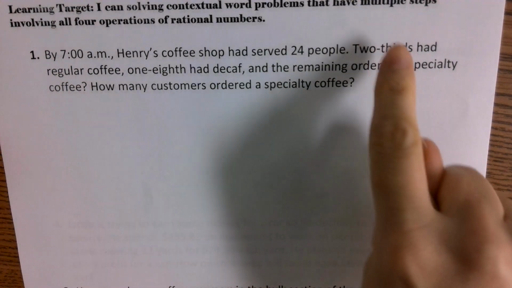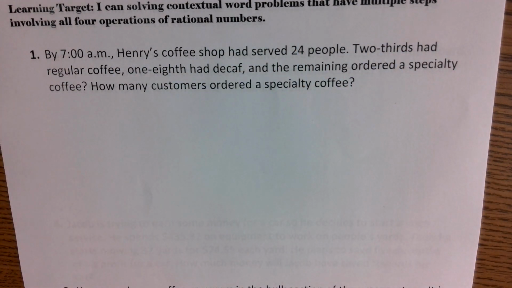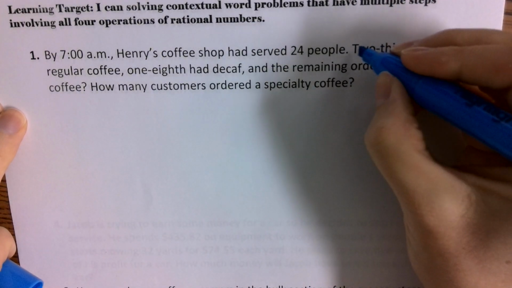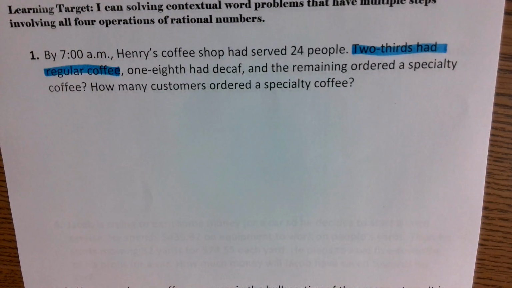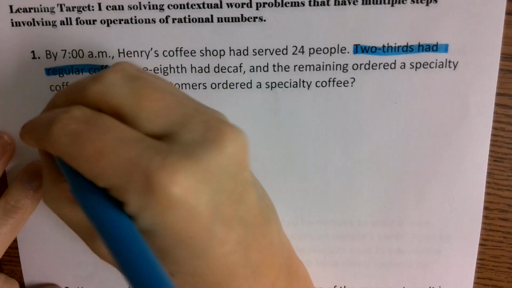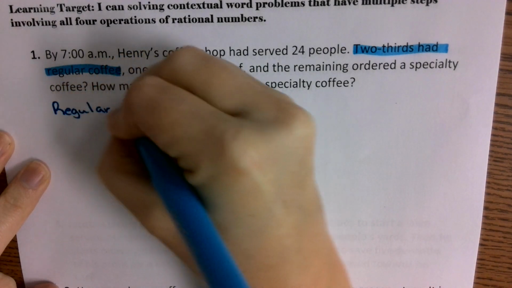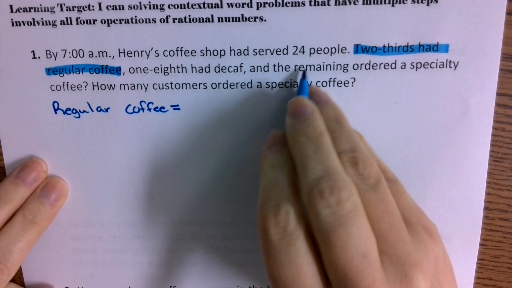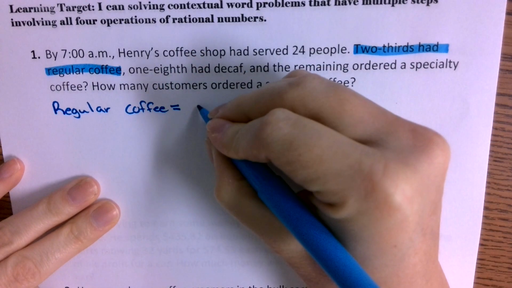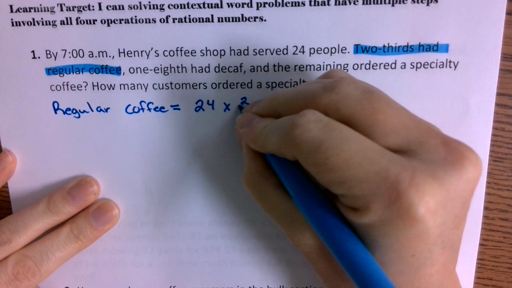I'm going to find out what 2/3 of 24 is first. So I want to figure out the regular coffee. Since it says 2/3 had regular coffee, I'm going to figure out how many people actually had regular coffee. I can take the total amount of people that were there, which was 24, and multiply it by my 2/3.